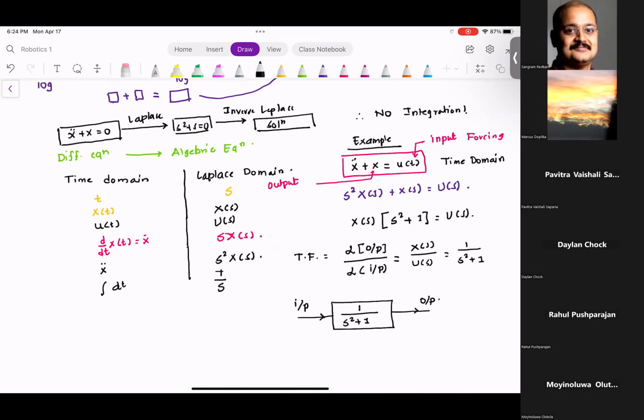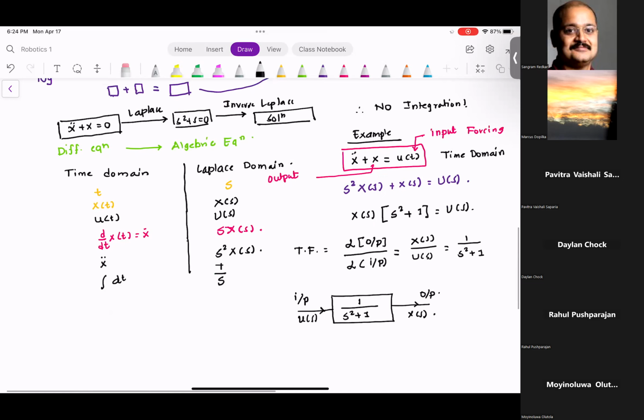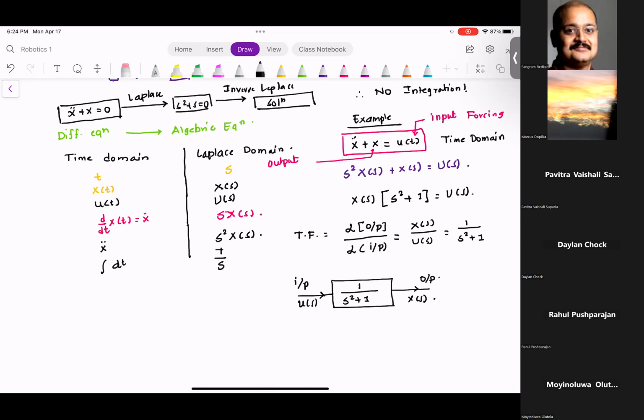So input is going to be u of s, output is going to be x of s. Now, this transfer function has a numerator and a denominator.